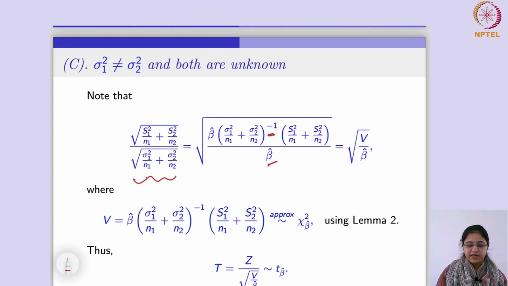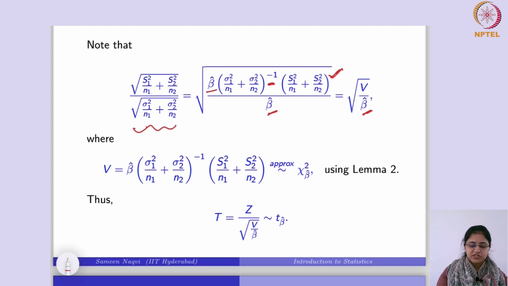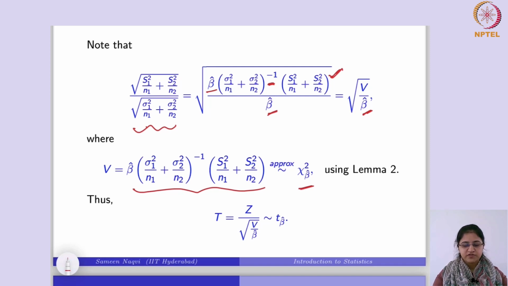And you are multiplying and dividing by beta hat. And if you can recall, from the second lemma, this term we are denoting by v, and we are dividing it by the corresponding degrees of freedom. Because from the second lemma, it said that if v is this quantity, it will follow chi-square with beta hat degrees of freedom that we have defined in the first slide of this theorem.